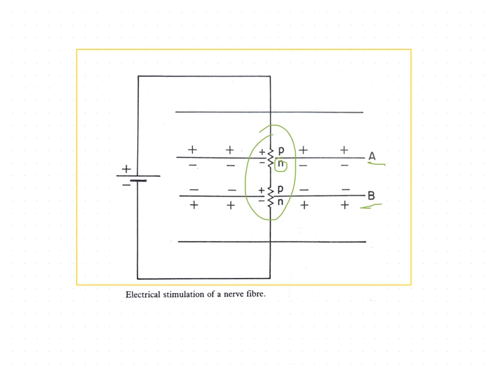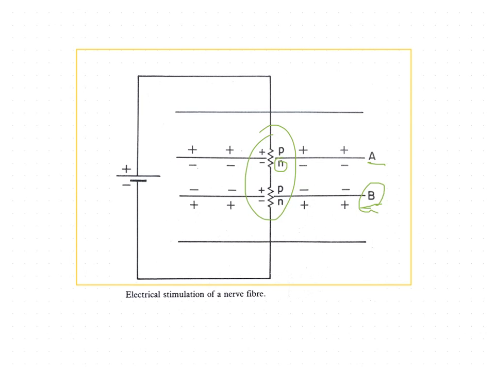So if the cathode is applied over a superficial nerve, the side of the nerve nearest to the cathode is activated, but the anode can equally cause the initiation of the nerve impulse. In this case, it is the aspect of the nerve further from the anode that is activated.